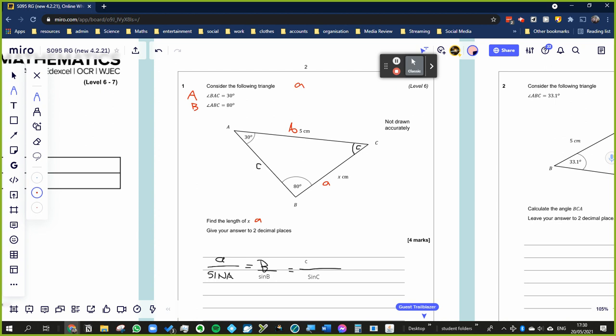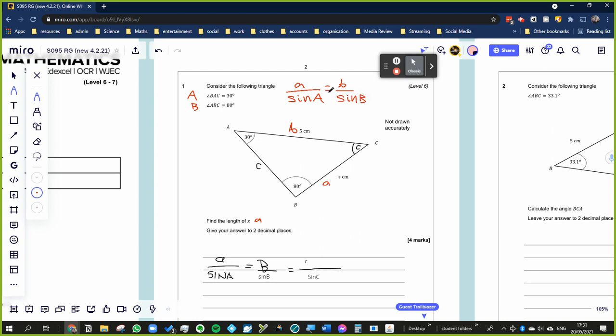A over sine capital A, which is the angle, is equal to B over sine B. Now I could do equals C over sine C, but that's not necessary.